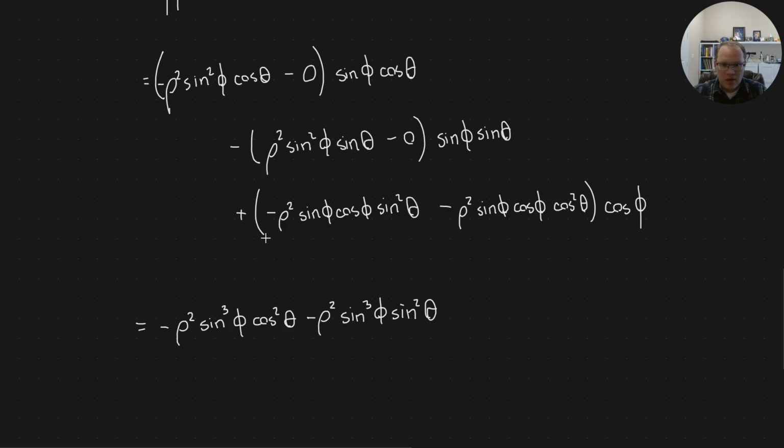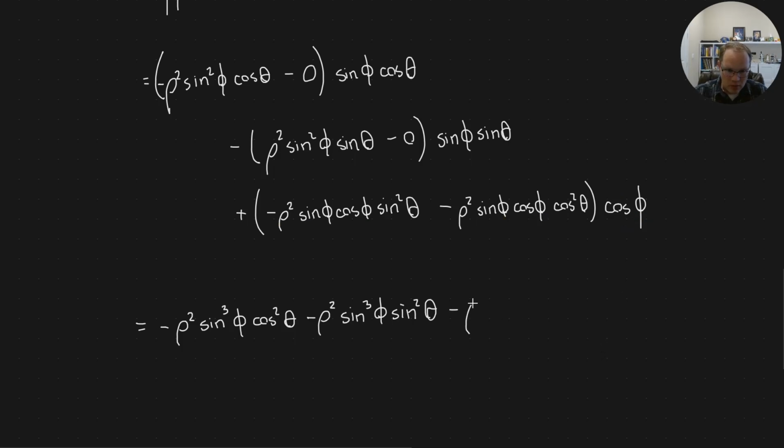And then down here, what I notice right away is that I have a sine squared and a cosine squared, and the expression in front of both is the same. So I'm going to factor out a rho squared sine phi cosine phi. I'm going to multiply it by the cosine phi that's over here too.